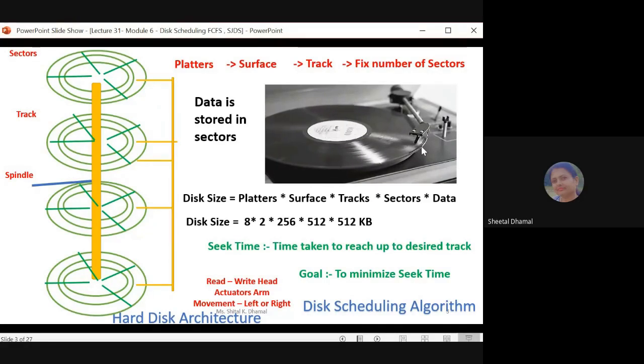As the read write head moves from track 0 to track 199, maximum time is required to reach the destination or to locate the desired track. So the seek time increases, and we require maximum seek time.